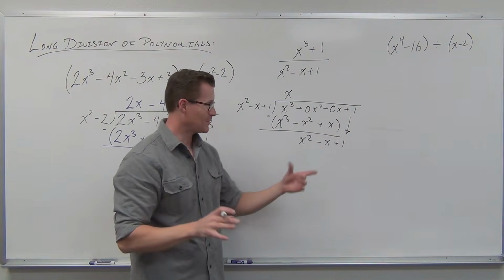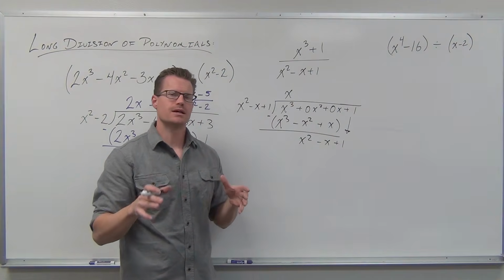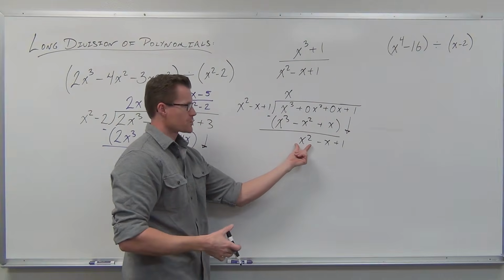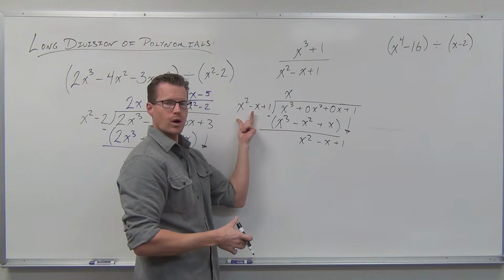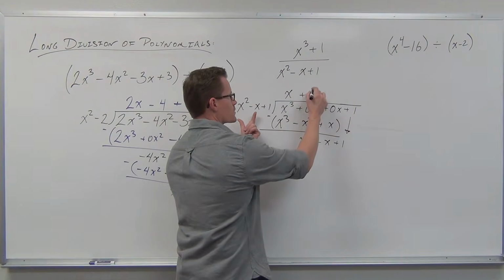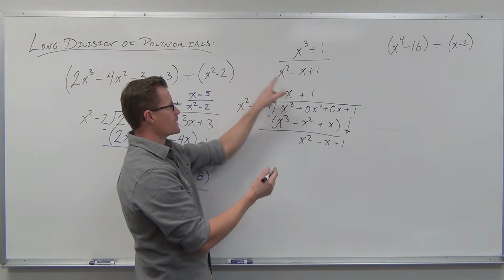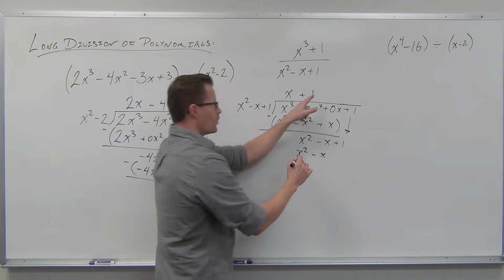You're going to love it when you see this, and they're identical. Because what it's going to tell you is that the factor. Usually I'm telling you, your first term divided by your first term. What's x squared divided by x squared? Positive 1, right? Plus 1. When you distribute that 1, don't worry about the x. You already did that. 1 times x squared, 1 times negative x, 1 times 1.